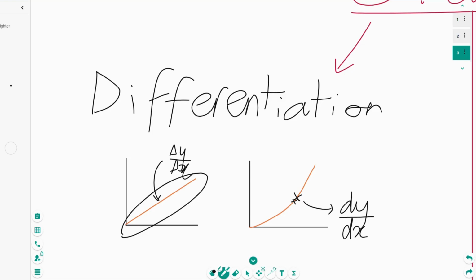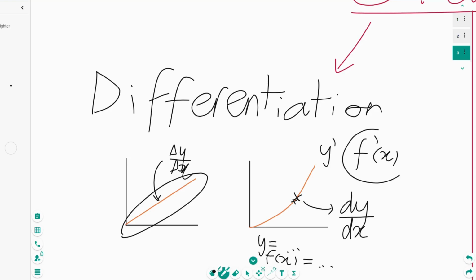Another way of expressing this would be if the equation is y equals to something or f(x) equals to something, then the differential of y would be y prime, and the differential for f(x) would be f prime x.